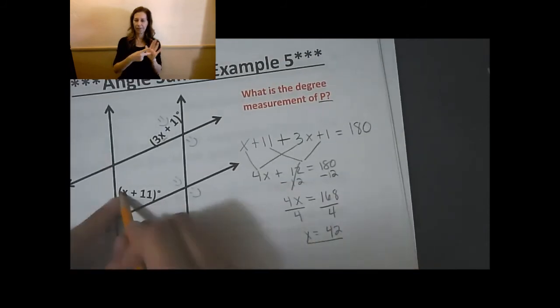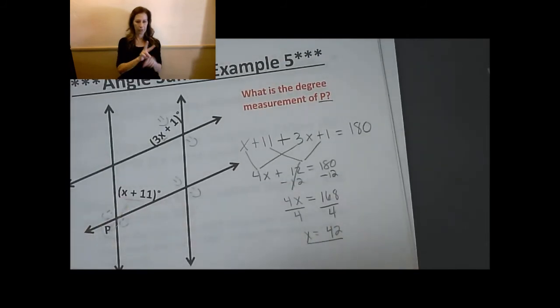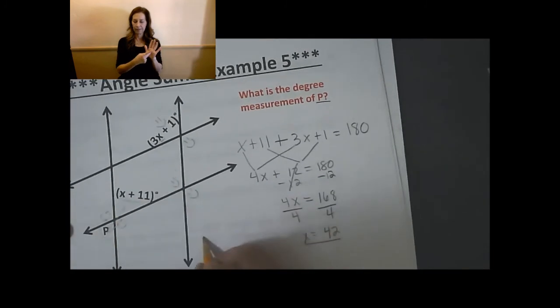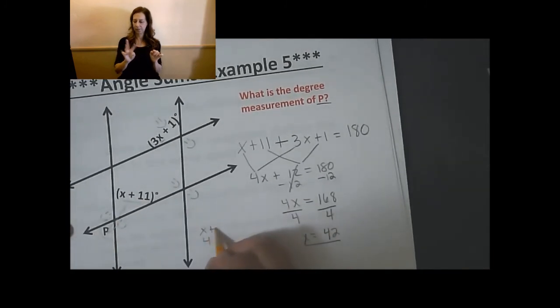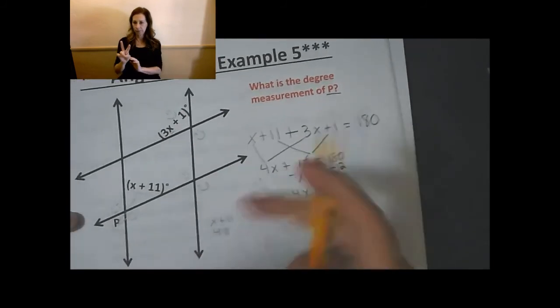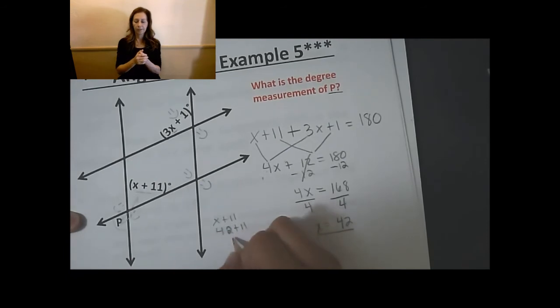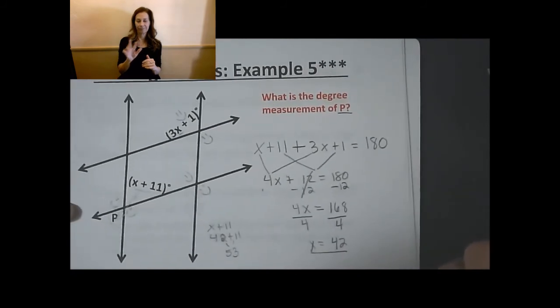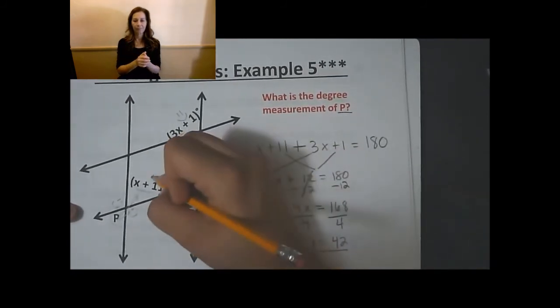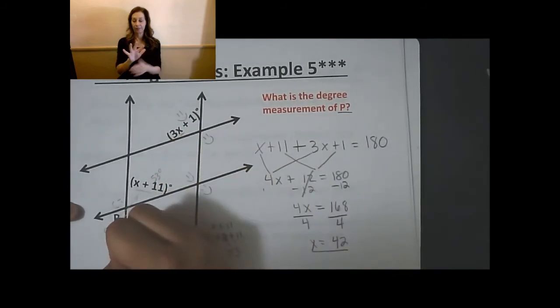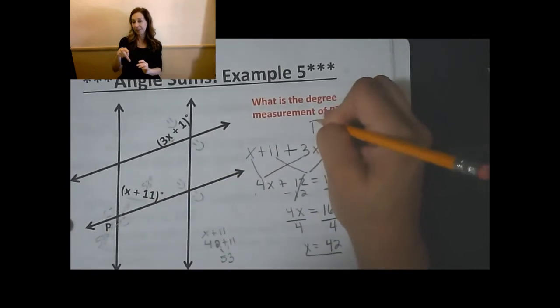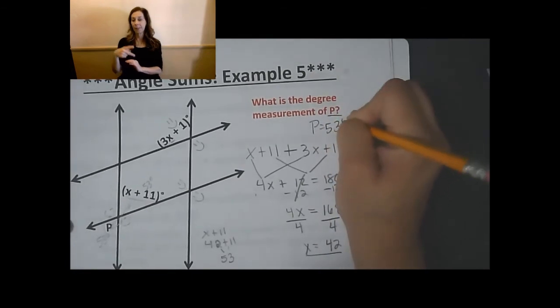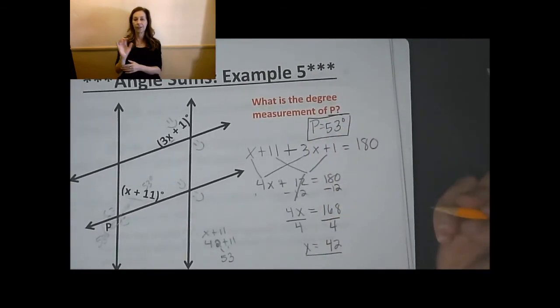So if I plug in 42 for x plus 11, because x is 42, 42 plus 11 is going to be 53. So if this is 53 degrees, that means P is 53 degrees. So P equals 53 degrees.